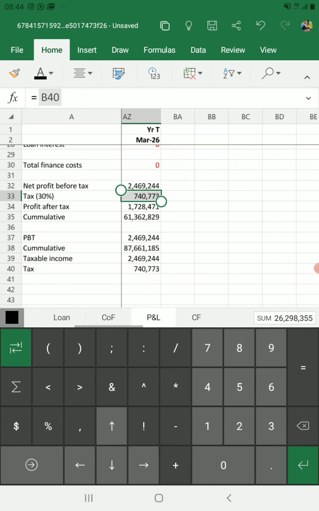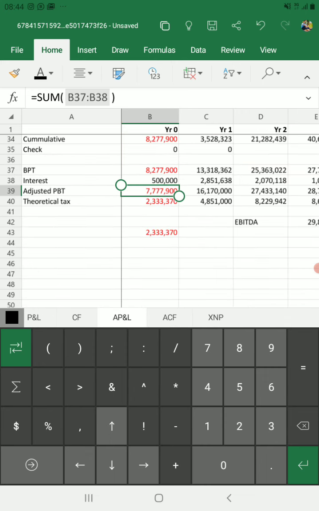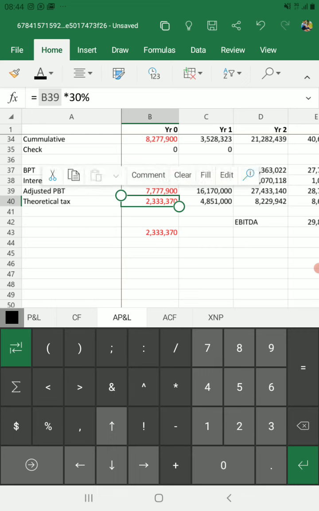And on our annual profit and loss here, we need to delete this figure for profit here. So I clear this figure. So no theoretical tax as we did.